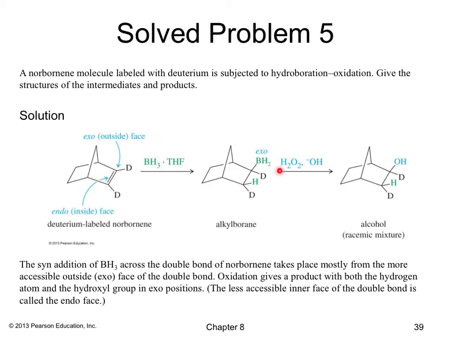And once that happens, you have H and BH2. BH2 is going to be on the most hindered side, but in this case, they're symmetrical, so there's no difference. And then in the presence of H2O2, OH, you're going to replace that BH2 with OH. So just in general, going in here is very difficult and less accessible versus going through here, and that's why this exo face is preferred.